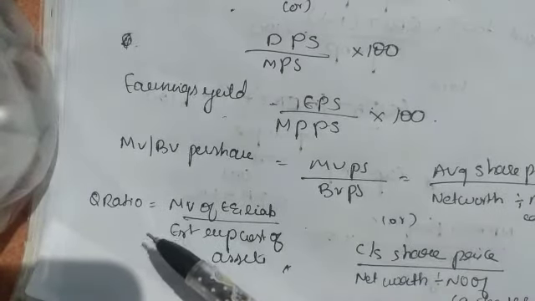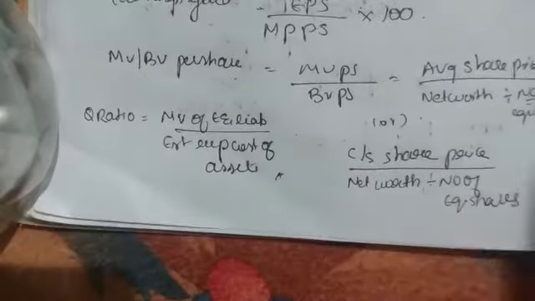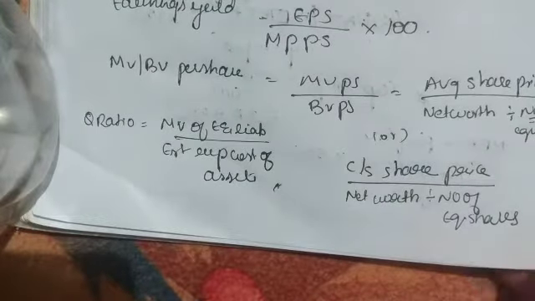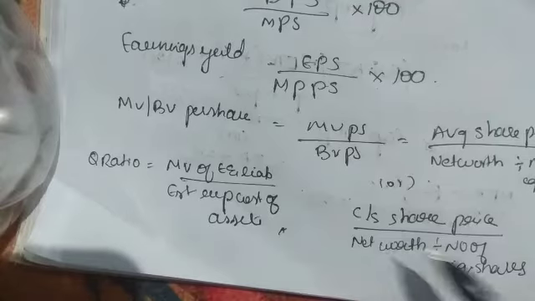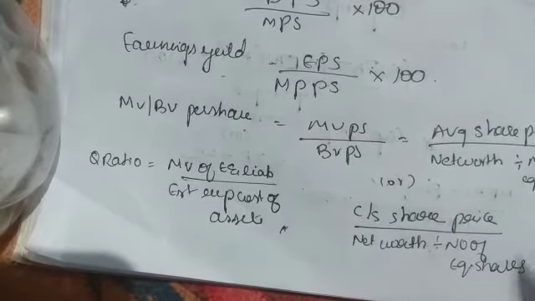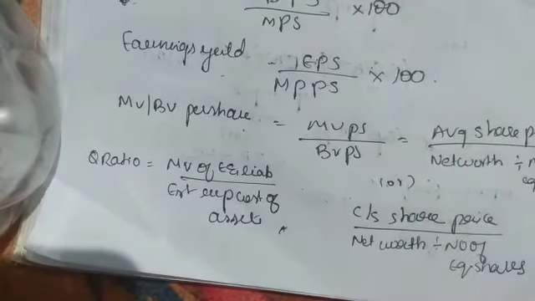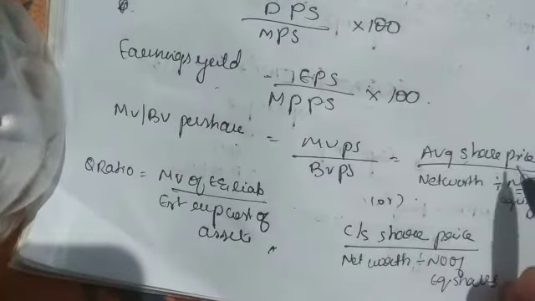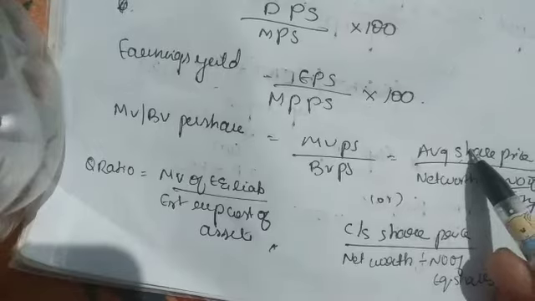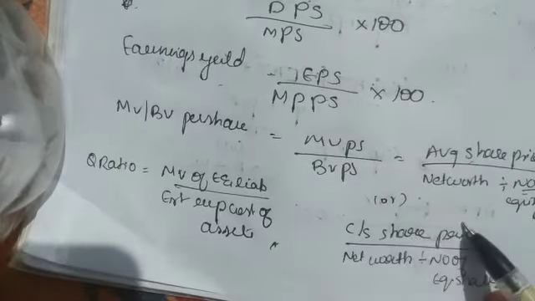Or you can also use this formula: closing share price divided by net worth divided by number of equity shares. If they have given the average share price, then you can use this. If not, you can substitute with the closing share price.